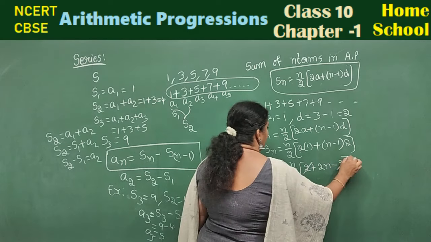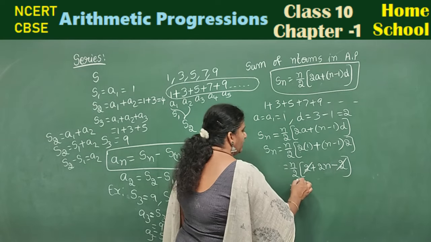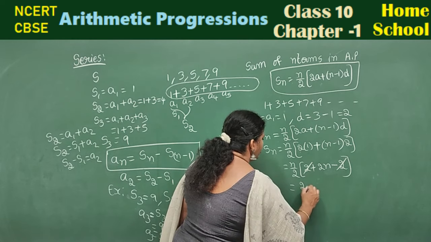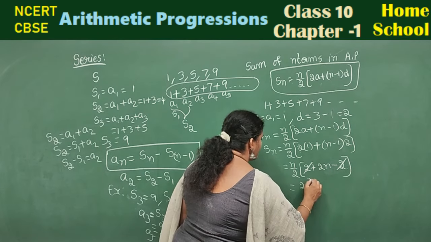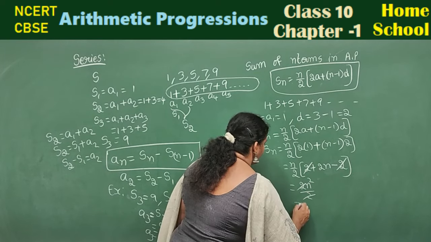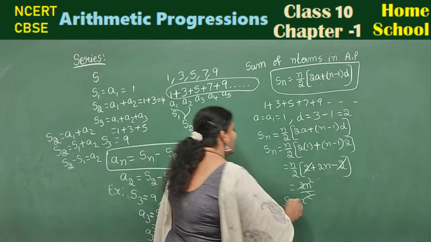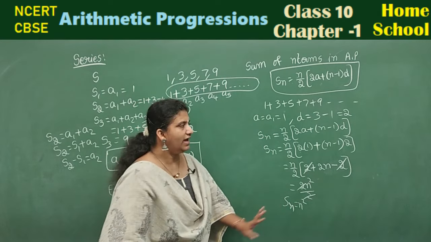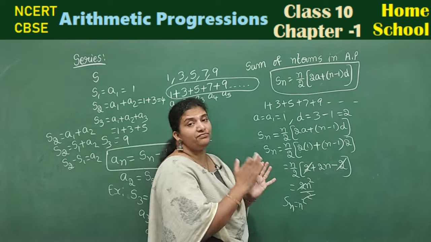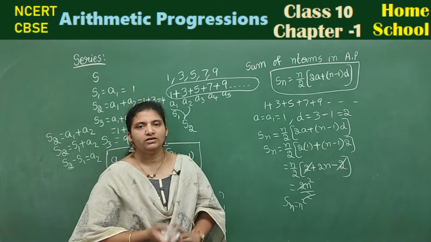Minus 2 plus 2 will cancel. Don't cancel directly, multiply 2n into n by 2. Now cancel this 2, and the sum of n terms Sn is equal to n square. That is your answer. This is for the infinite series.